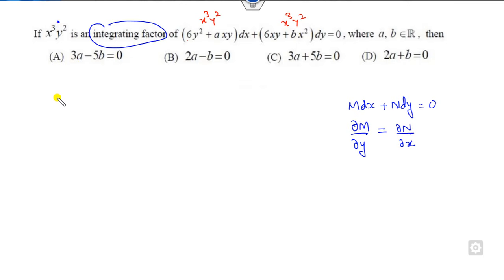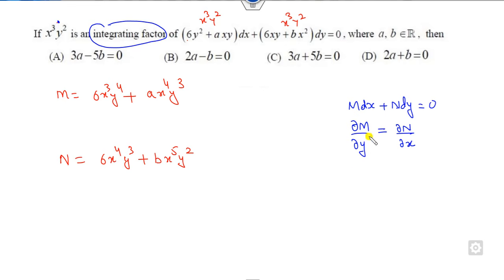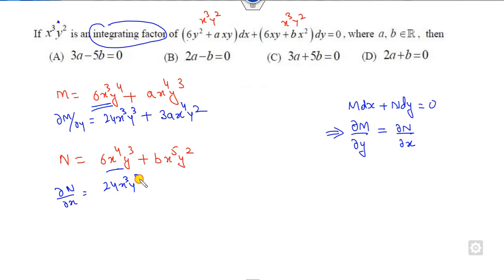Your M will be 6x^3 y^4 + a x^4 y^3. Your N will be 6x^4 y^3 + b x^5 y^2. Now to satisfy exactness, take the partial derivative of M with respect to y: it is 24x^3 y^3 + 3a x^4 y^2. For the other side, take the partial derivative of N with respect to x.